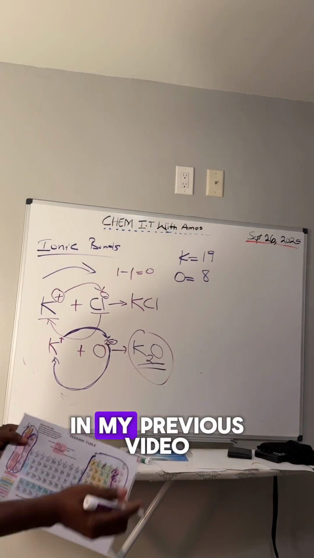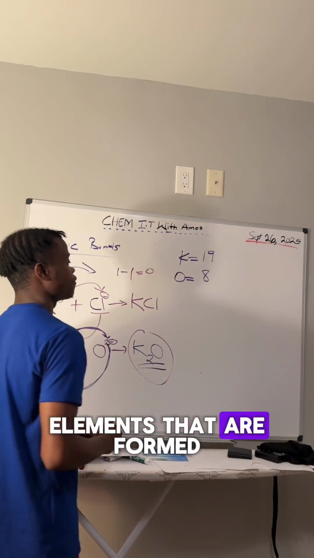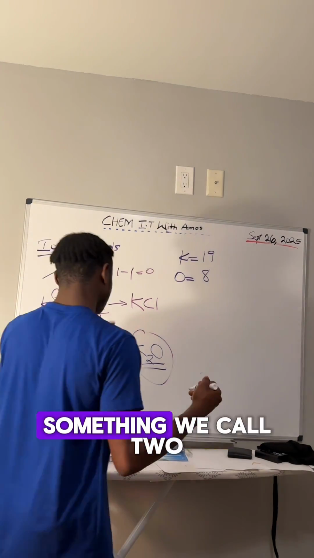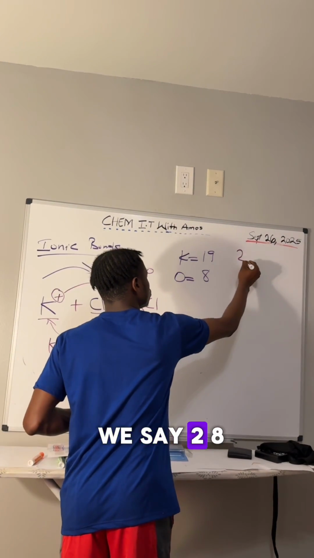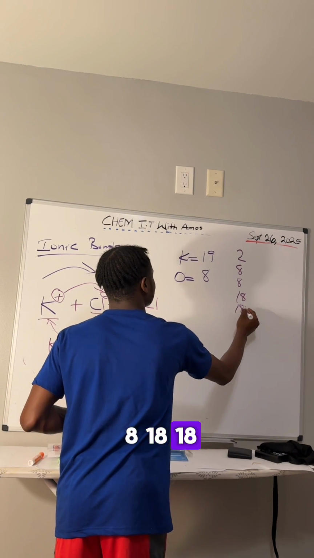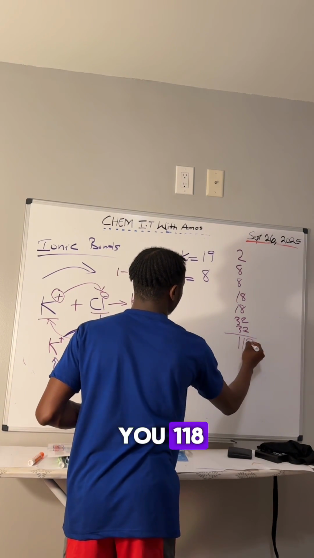Like I told you in my previous video, there are 118 elements in the periodic table, right? So we have 2, 8, 8, 18, 18, 32, 32. If you sum them, it gives you 118.